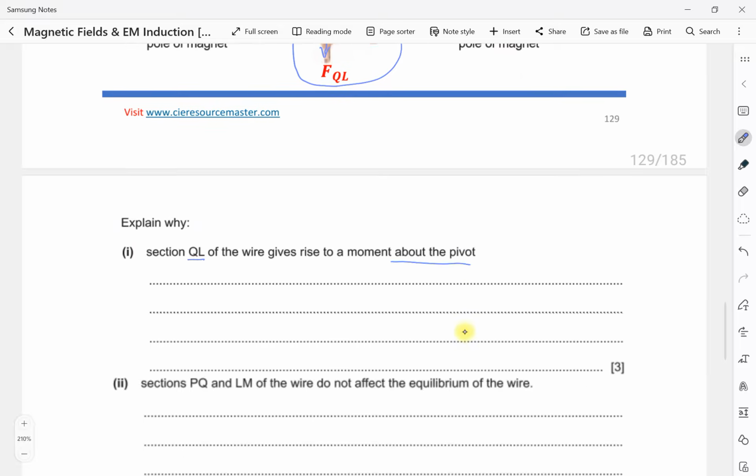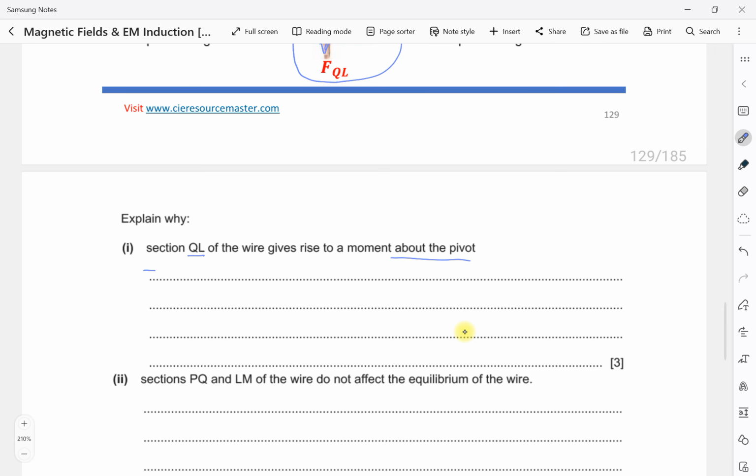Okay, so we shall say that section QL is perpendicular to the magnetic field.